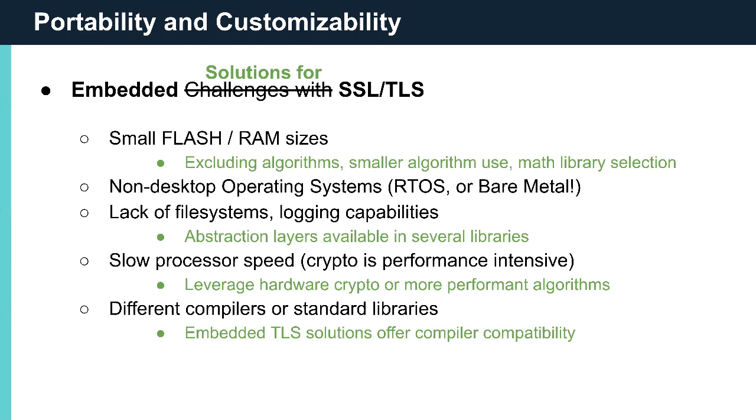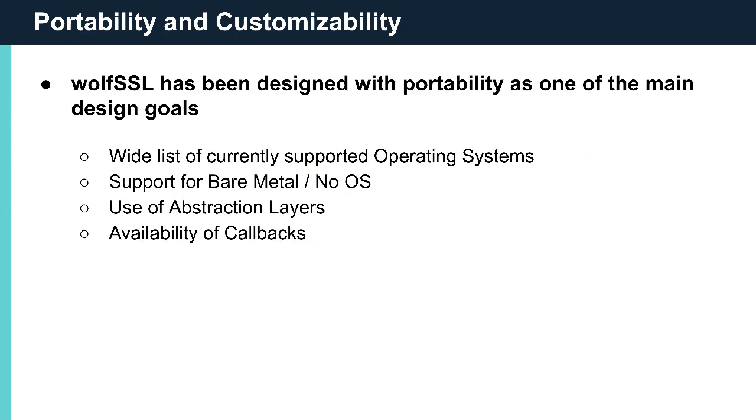And so just given the breadth of platforms that we have our customers running on, it's likely that we've already ported and got wolfSSL running on something similar, at least, to what you're going to run on. The slide's just saying we've essentially designed wolfSSL with portability in mind.